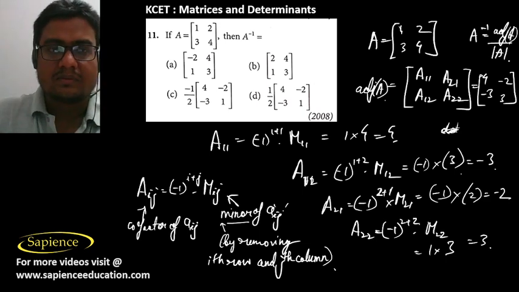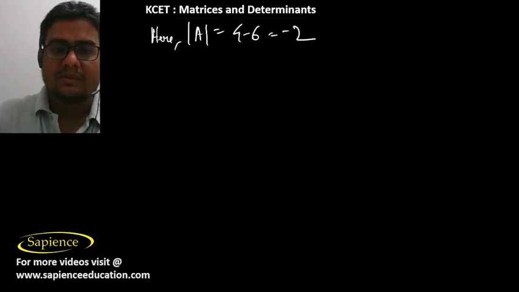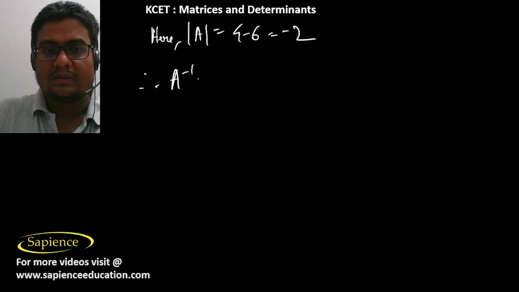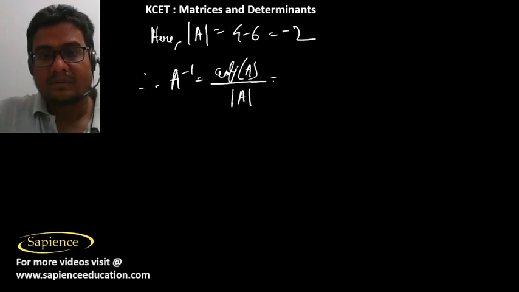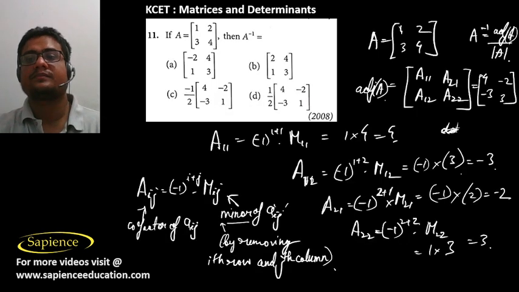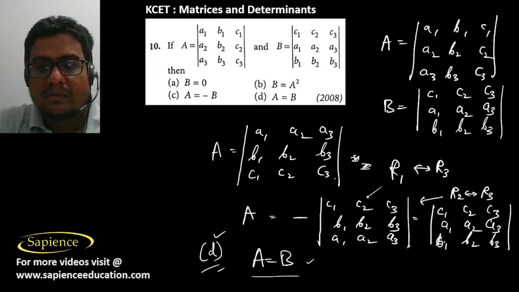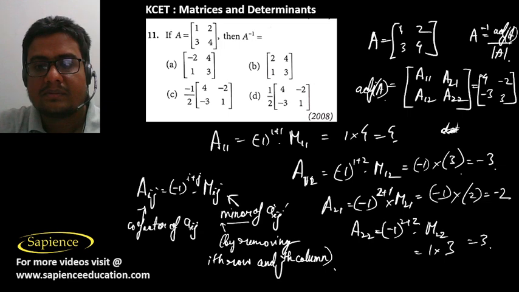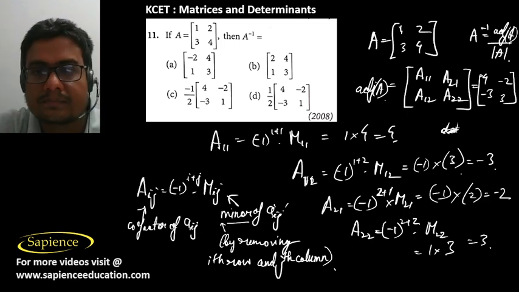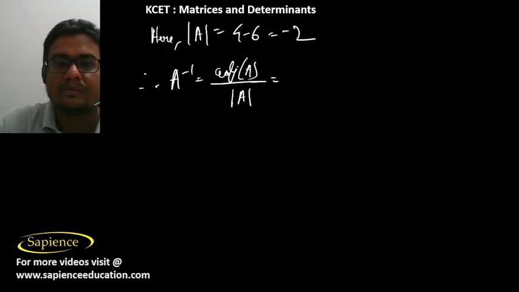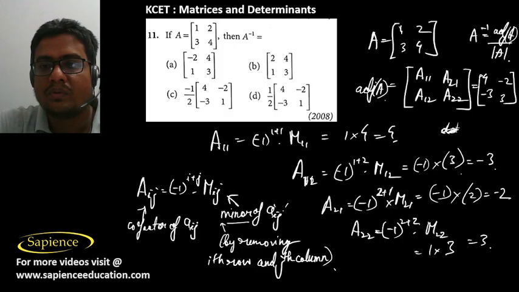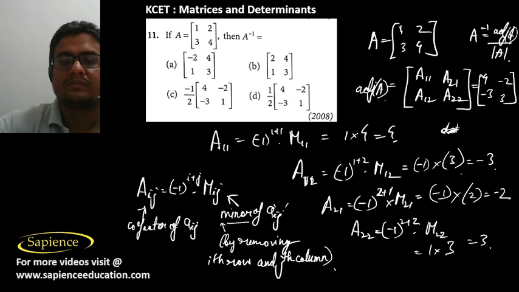Now therefore the A inverse which we have to find is equal to adjoint of A divided by the determinant of A. So the determinant of A is minus 2, so it will be 1 by minus 2 into the adjoint of A, that is 4, minus 2, minus 3, 3.